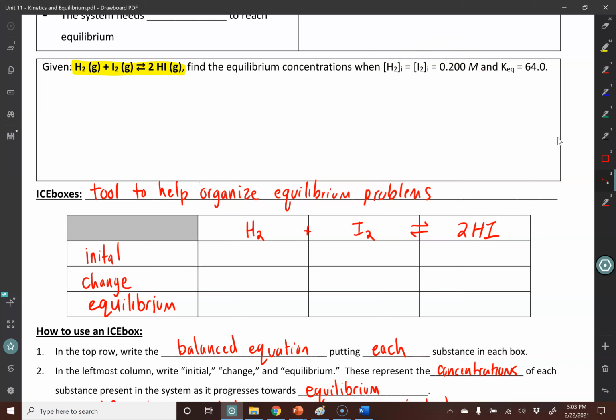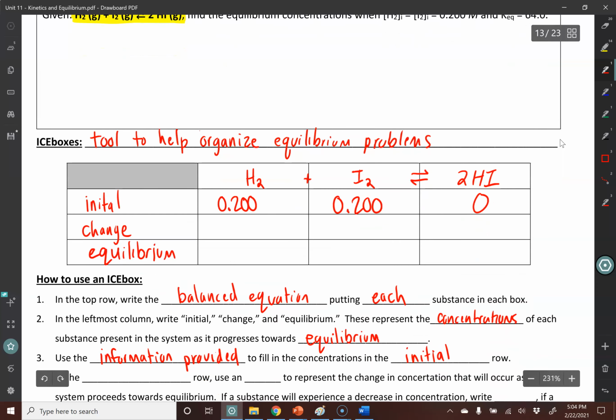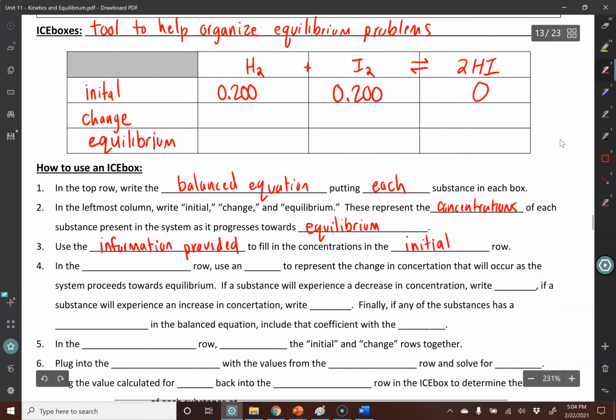We're not given any information about the initial concentration of hydrogen iodide, so it's safe to assume that there isn't any present. So I'm going to go ahead and write that information in. No hydrogen iodide. So that is what we are starting with. This definitely isn't at equilibrium. We'd likely have some hydrogen iodide formed as this reaction progresses.